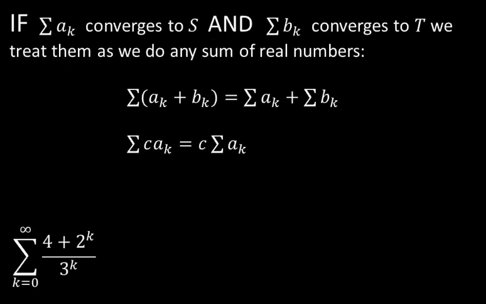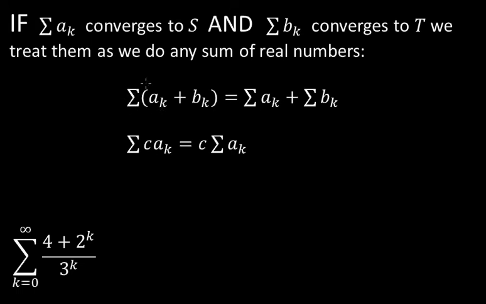This is a theorem that is very tempting to use because it's very helpful, but you only can use it under certain circumstances. If the two series, sigma a sub k and sigma b sub k, both infinite series, both converge, you can mix these terms up just the way you do in a finite sum.